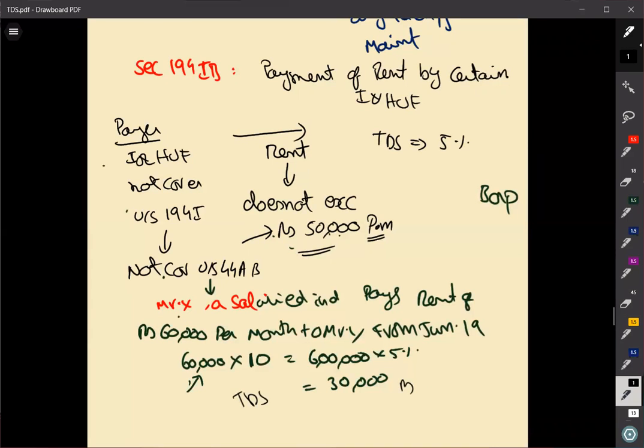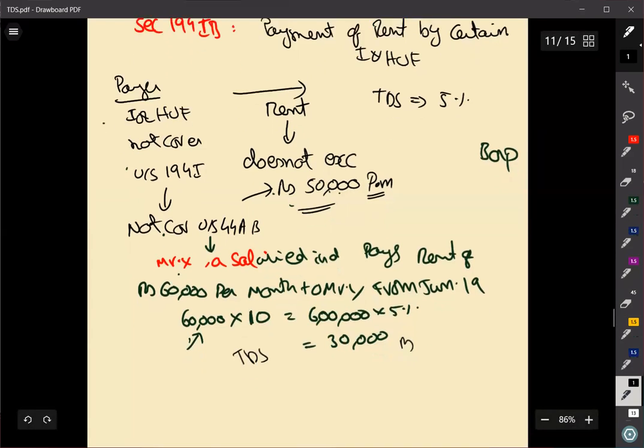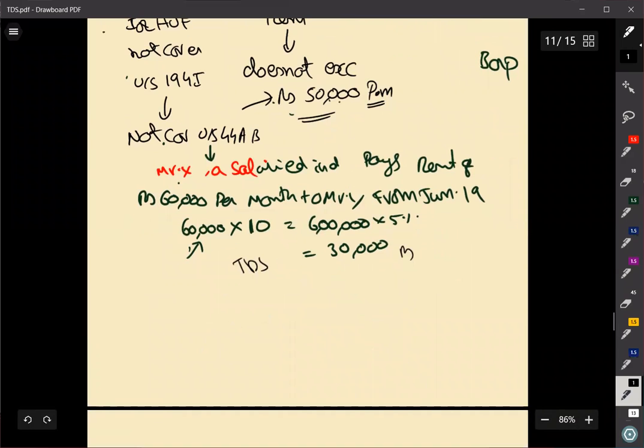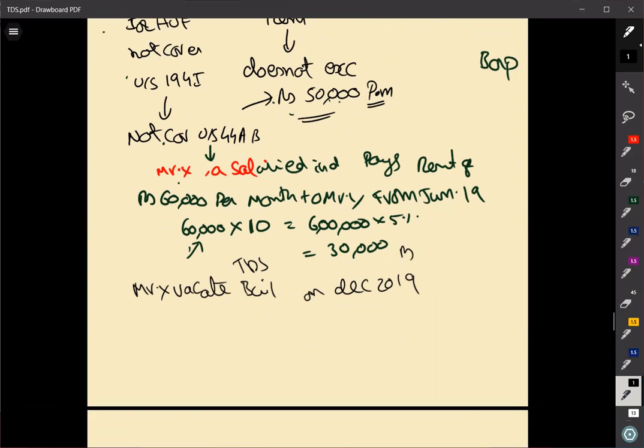Now, let us take another scenario. Same problem. Mr. X vacates the building in December 2019. Then what is the TDS? 60,000 rupees per month, for how many months?